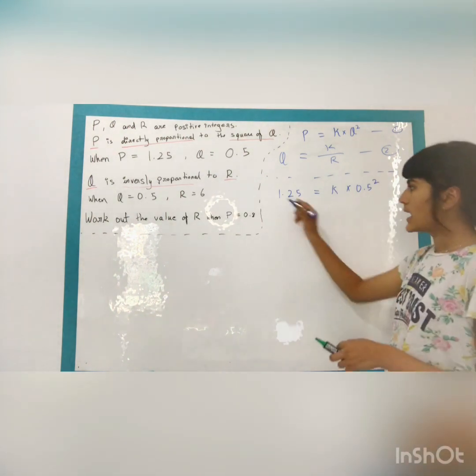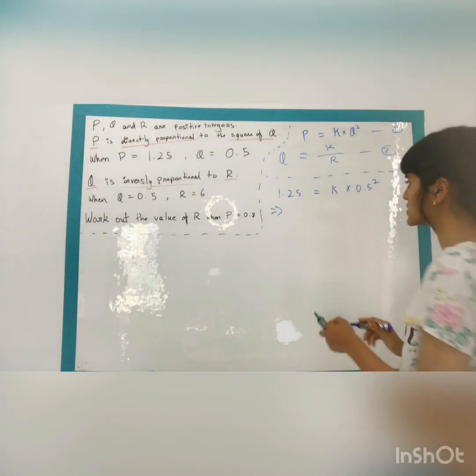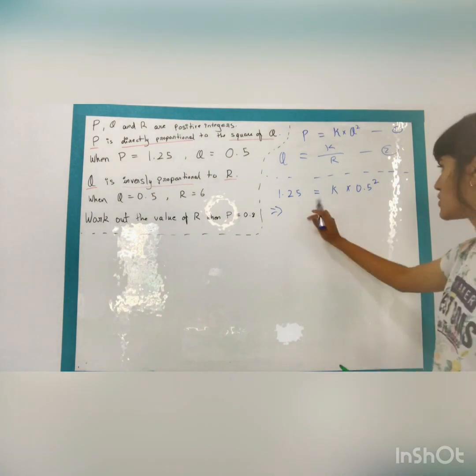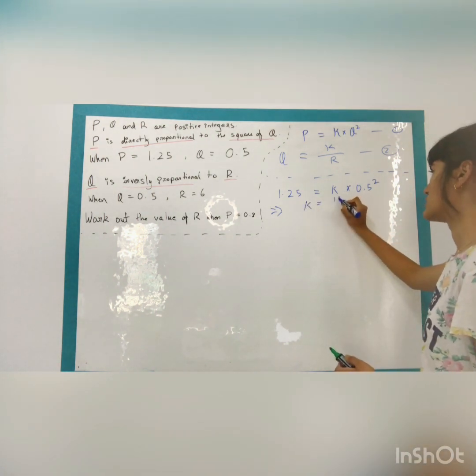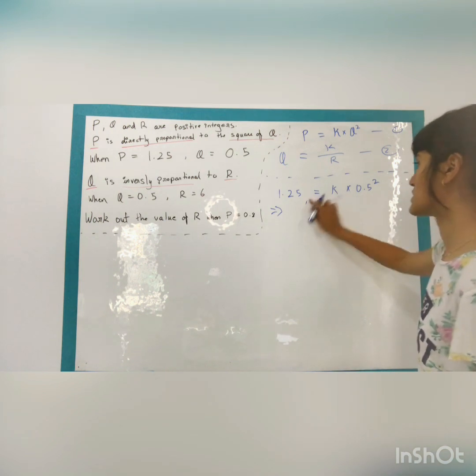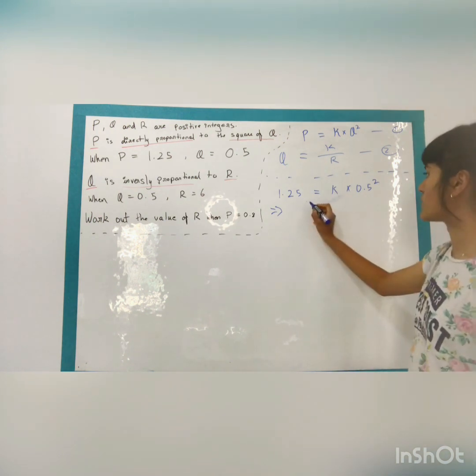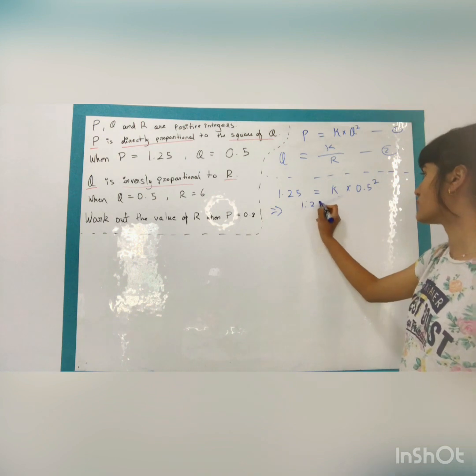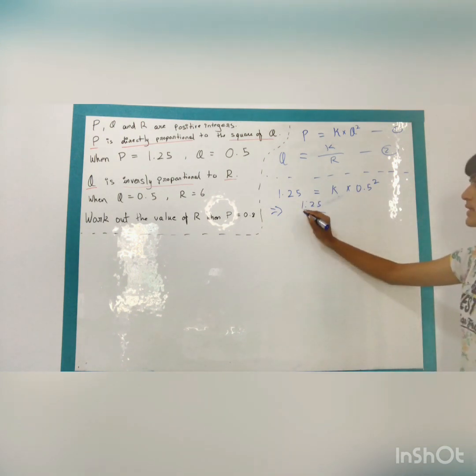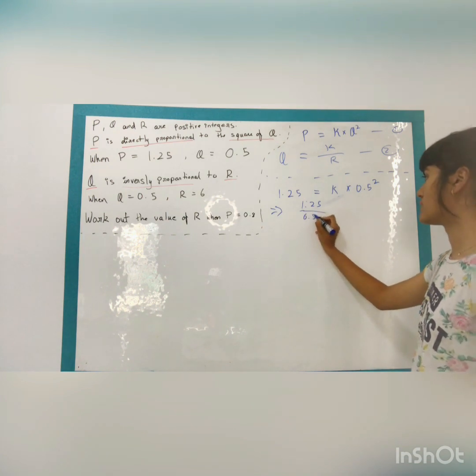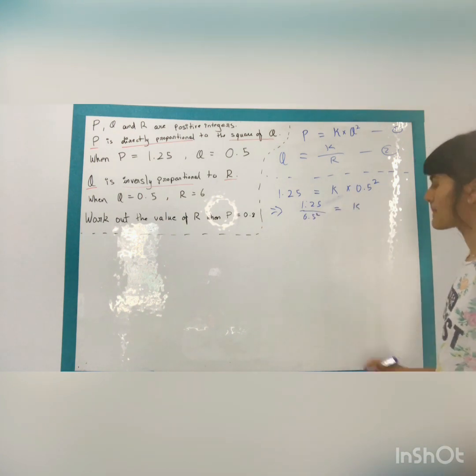So I'm going to find K using some simple algebra. We know that 1.25 divided by 0.5 squared is equal to K. If it's being multiplied on this side, it's going to be divided on the other side.